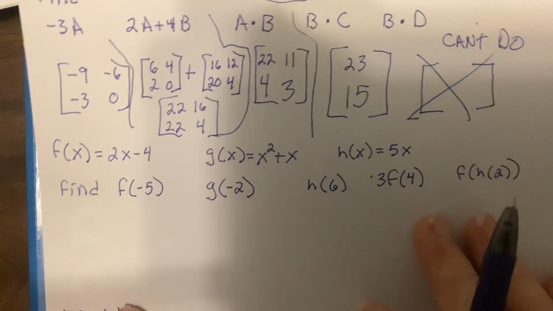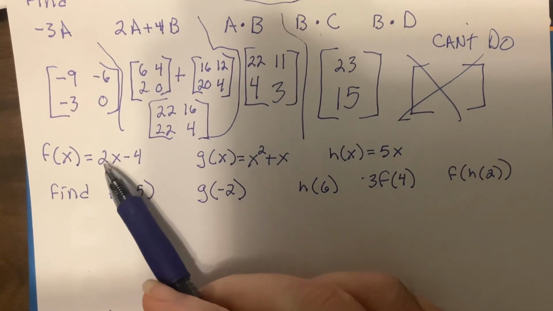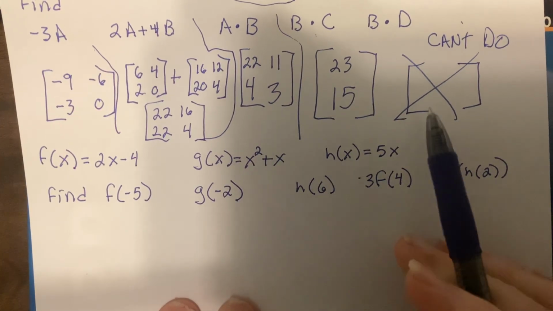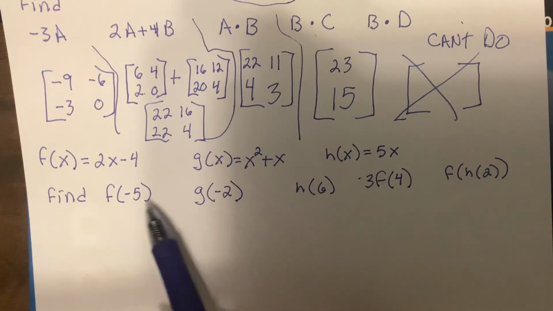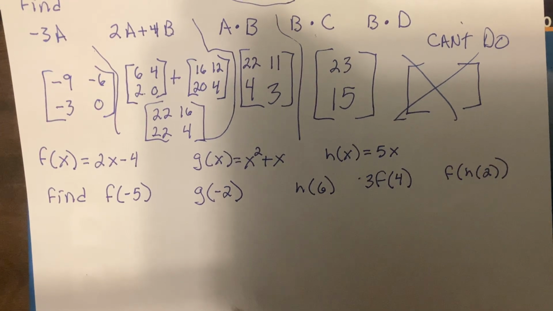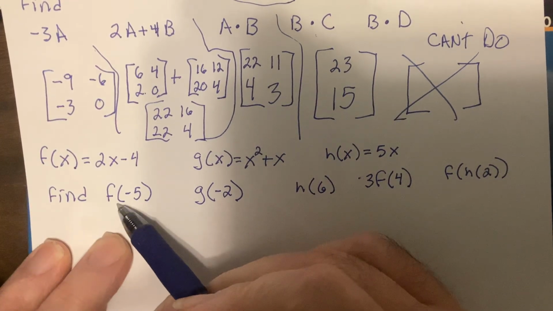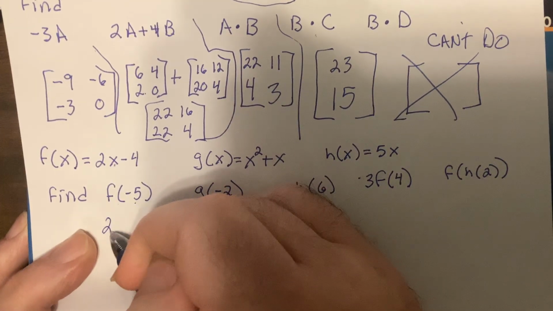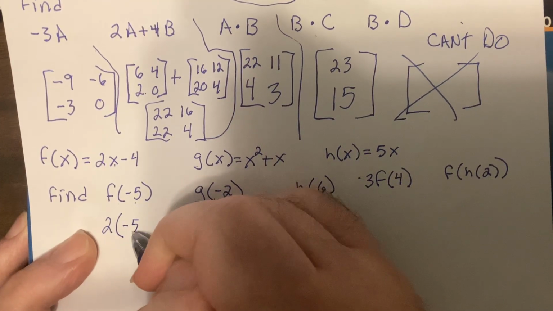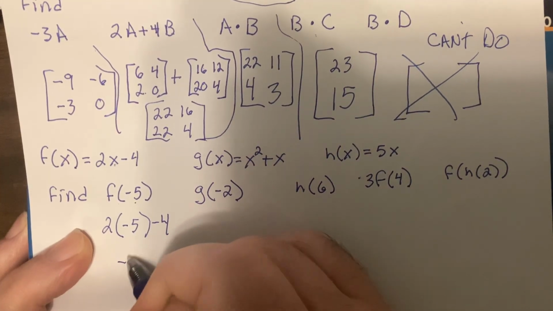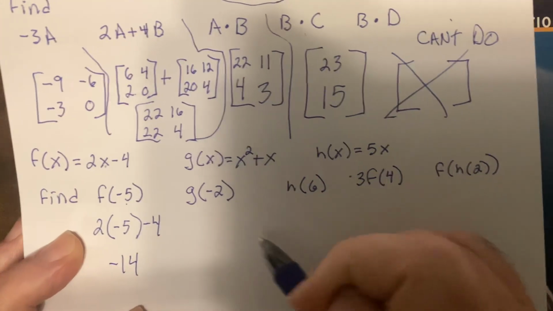Functions. It's been a while since we've done that. Here's functions named F, G, and H. So do these functions and then turn me back on. So f of -5, I'd put -5 in for x, so it's 2 times -5 minus 4. -10 minus 4 is minus 14.